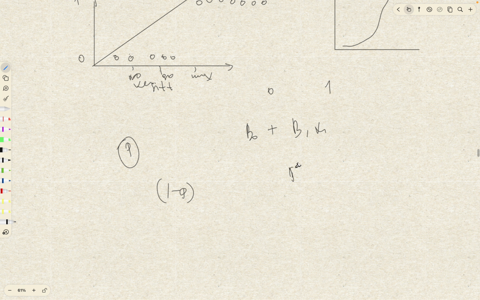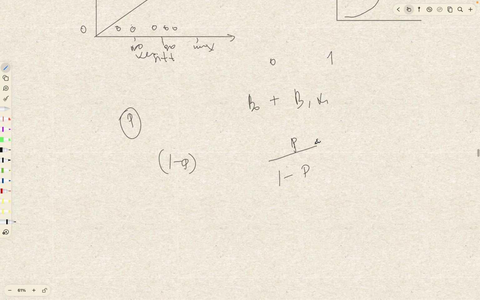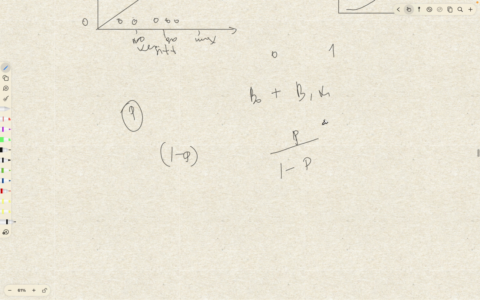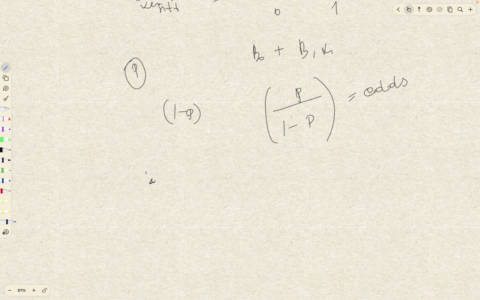And when we divide p by 1 minus p, we actually get the ratio of the probability of this belonging to a class to the probability of this instance not belonging to that class. And this is called odds. So we've done the first step, p divided by 1 minus p.